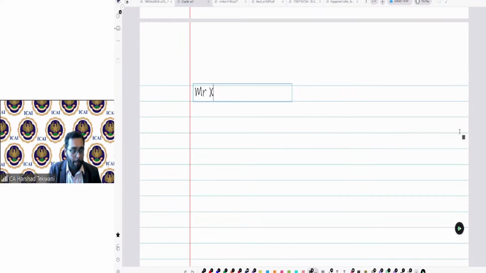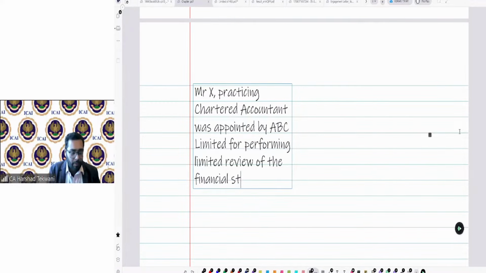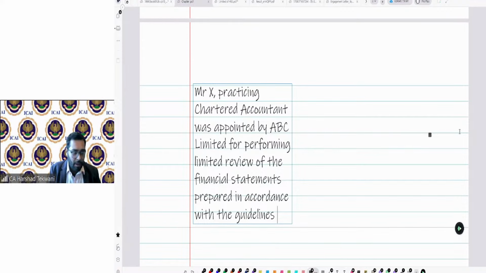Mr. X was appointed by ABC Limited for performing limited review of the financial statements prepared in accordance with the guidelines and the terms and conditions agreed between ABC Limited and DEF Limited.